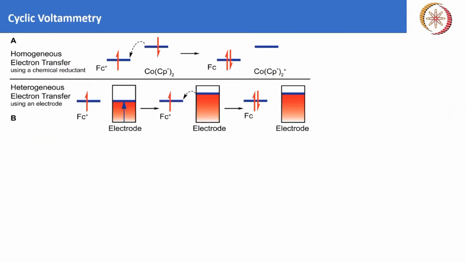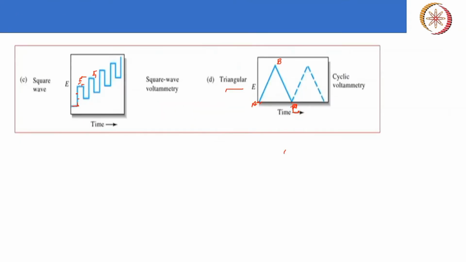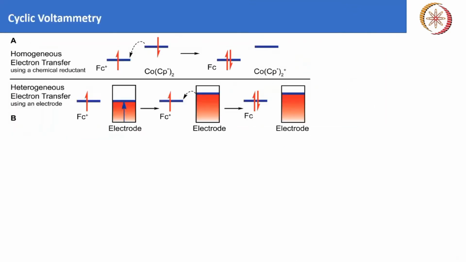So what is the key thing? Before we discuss more details of the cyclic voltammogram, we will discuss electron transfer. There are two types of electron transfer reaction: one is homogeneous electron transfer, the other is heterogeneous electron transfer.